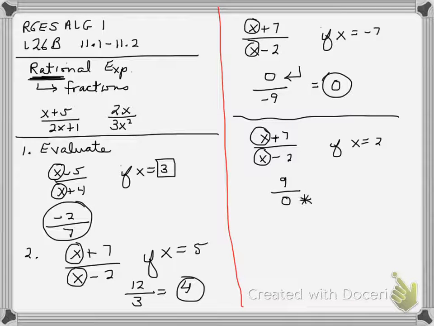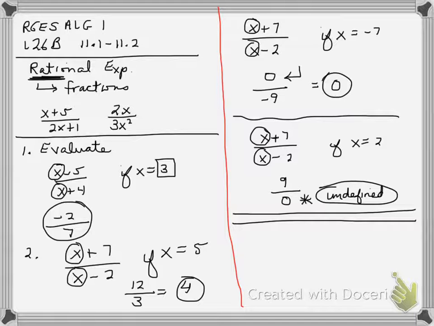And that should set off all kinds of dings in your mind, because we cannot divide by 0. It's undefined. Okay, we're not allowed to do that. It's illogical. So you would just say no value or undefined as your answer there.